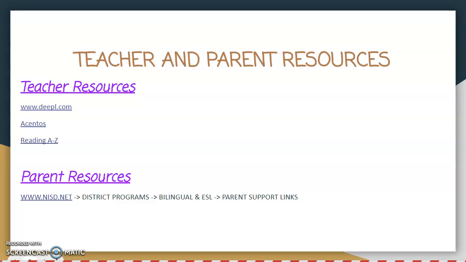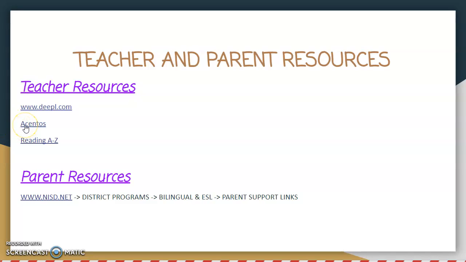The next thing I will be talking about are teacher and parent resources. For teacher resources, right now I have here www.people.com, which is a translating website. I know some of y'all might like to use Google Translate, but just so you know, we have other websites that do good translations for us.